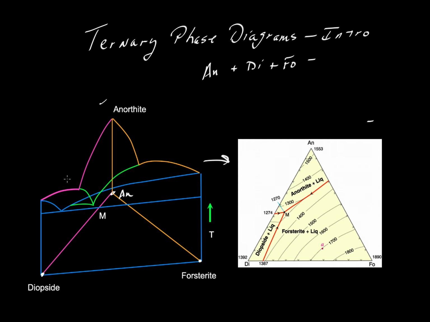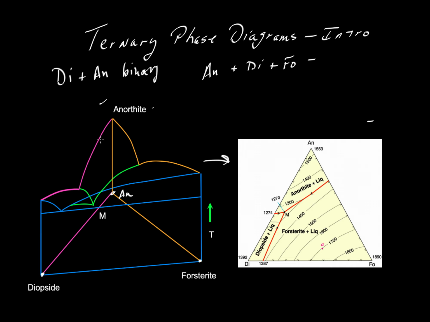Let's take a look at this part here, anorthite diopside. We have already seen that diopside anorthite binary in another video. So in that video, when we talked about that binary phase diagram, we mean this part here where we have mixing of anorthite and diopside and no forsterite is involved.